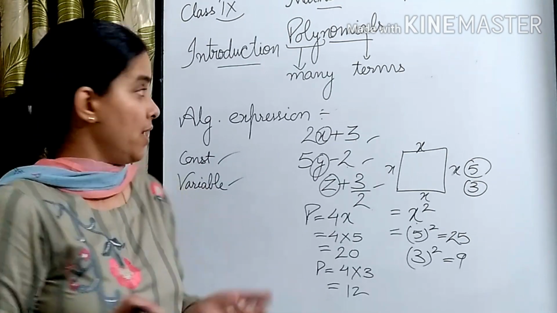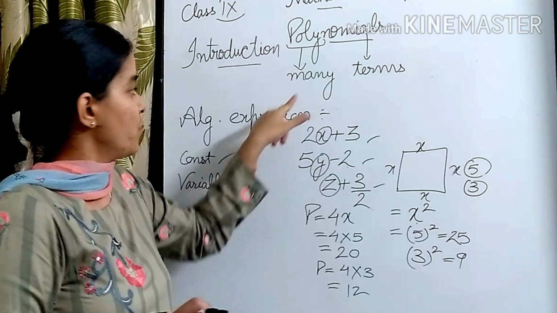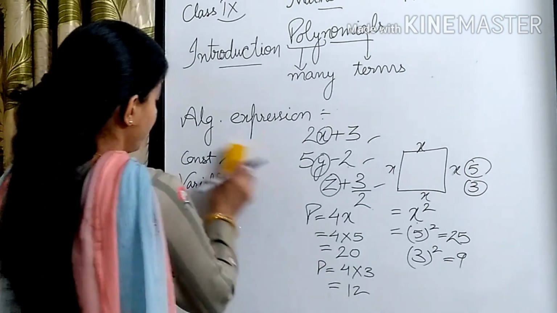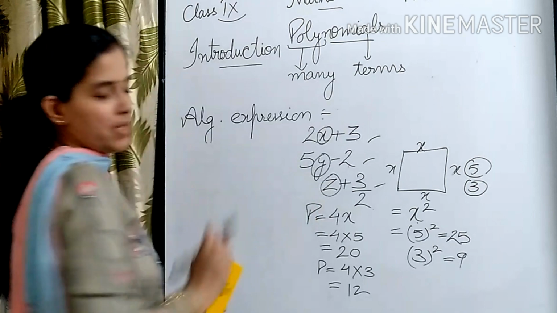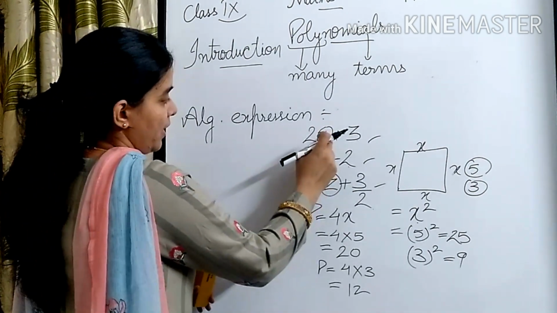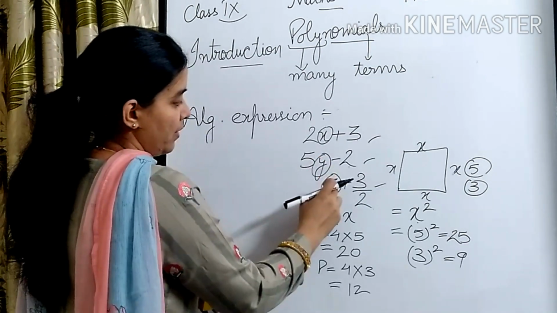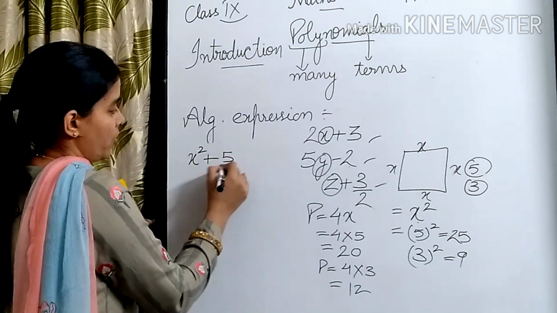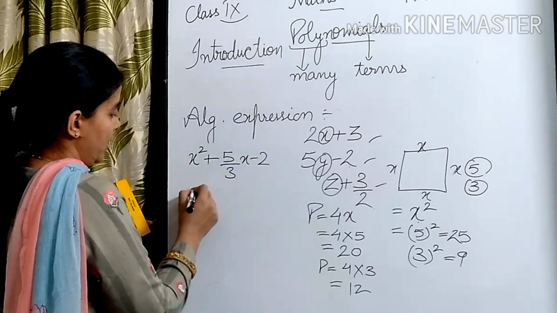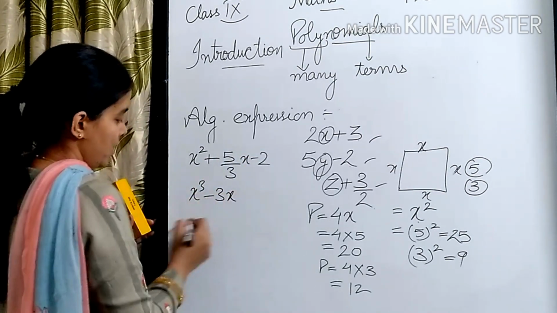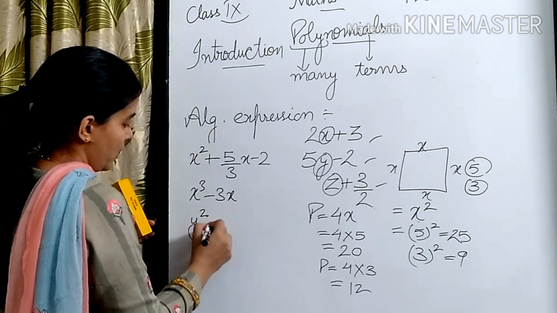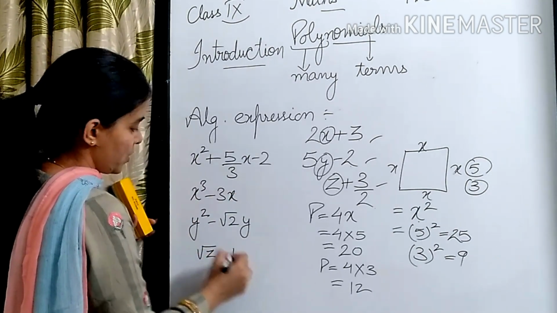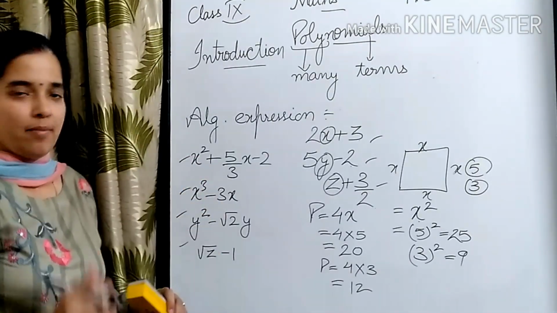If in simple language I say, polynomials are those algebraic expressions where there are many terms. So one thing to notice in it: I gave you these 3 examples of algebraic expressions. What did you see? Here the power of x is 1, in this case also 1, in this case also 1. Let us take some more examples. Suppose it is x square plus 5 upon 3x minus 2, then x cube minus 3x, then y square minus root 2y, then root 2z minus 1. Now I have taken these 4 expressions. Now look at them carefully.